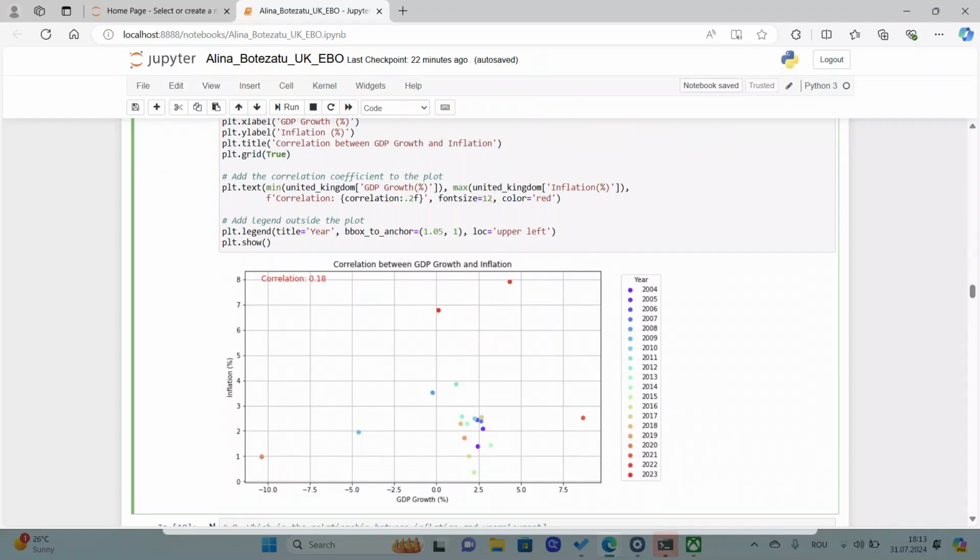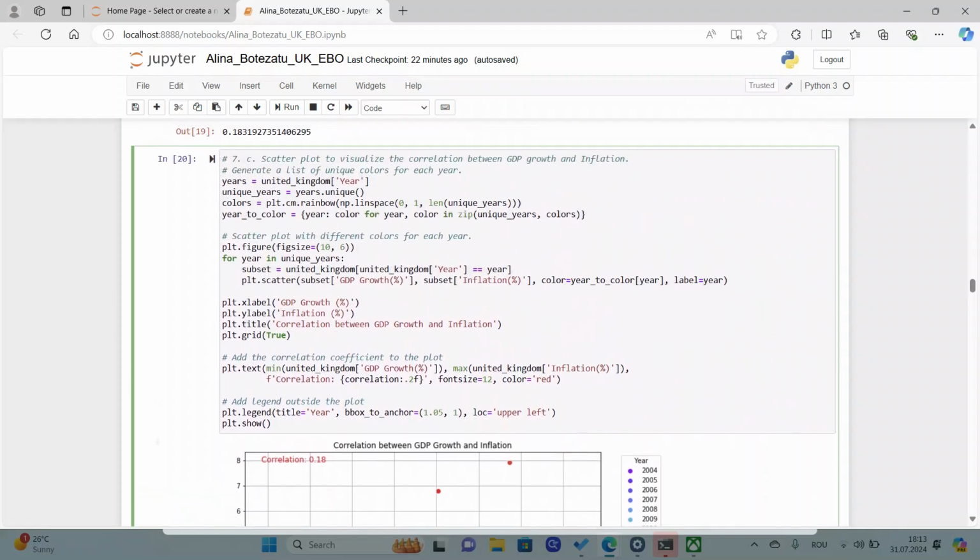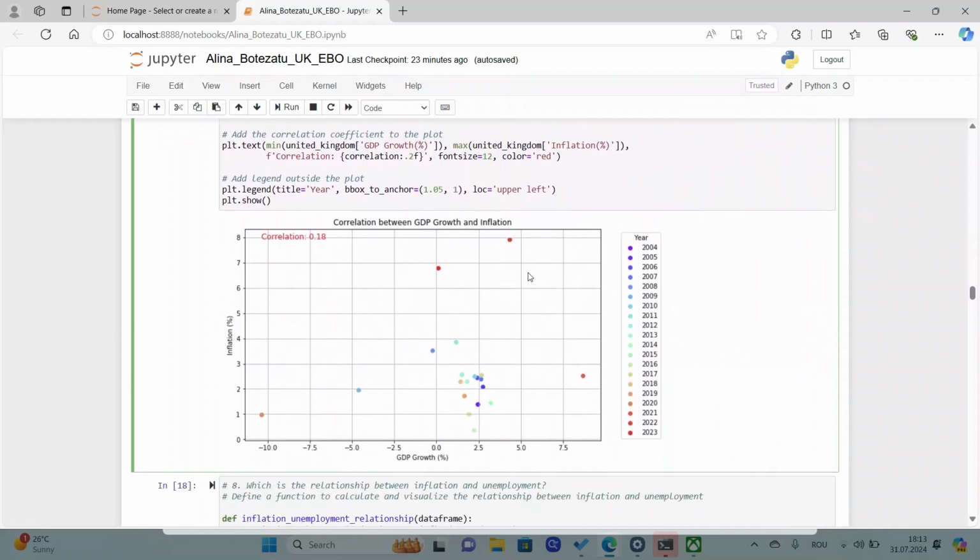I don't know why it shows the correlation between -1 and 1, but for some reason I couldn't change this, because the values of the inflation and the GDP growth look a little bit off, though of course the correlation is still between -1 and 1.